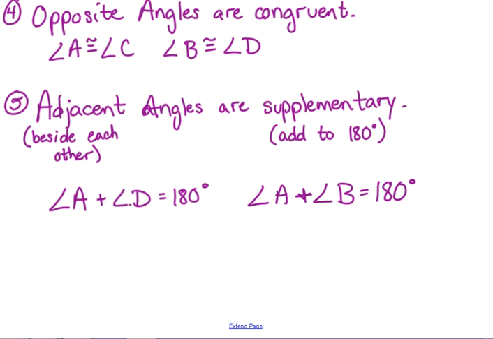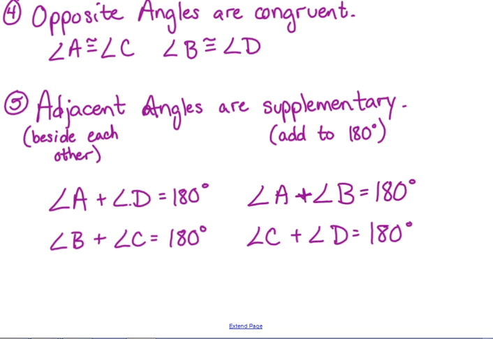And I could keep going all the way around this parallelogram. I could do angle B plus angle C, that's going to give me 180 degrees. Angle C plus angle D is 180 degrees. I think I hit all the pairs there.